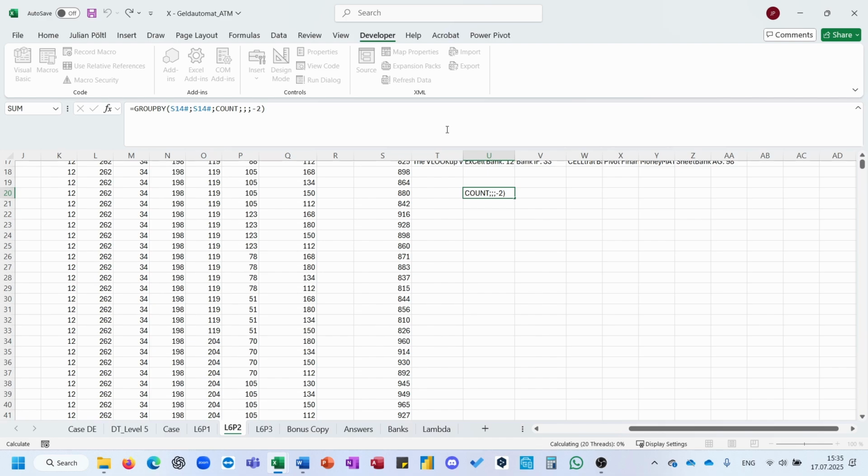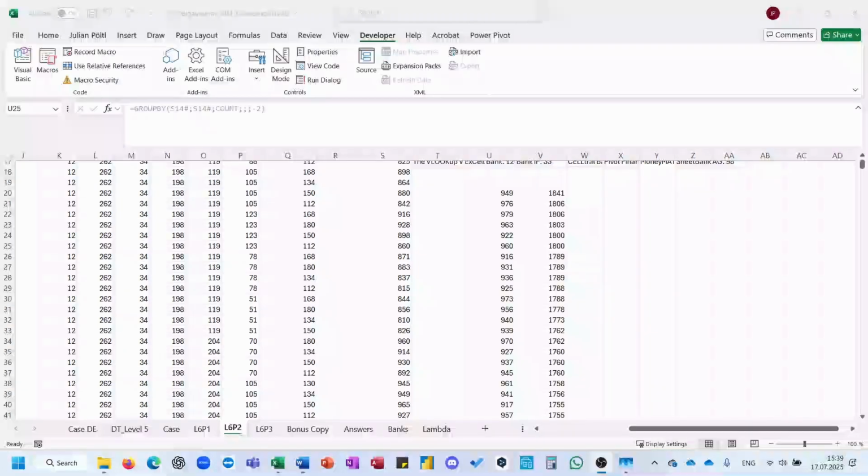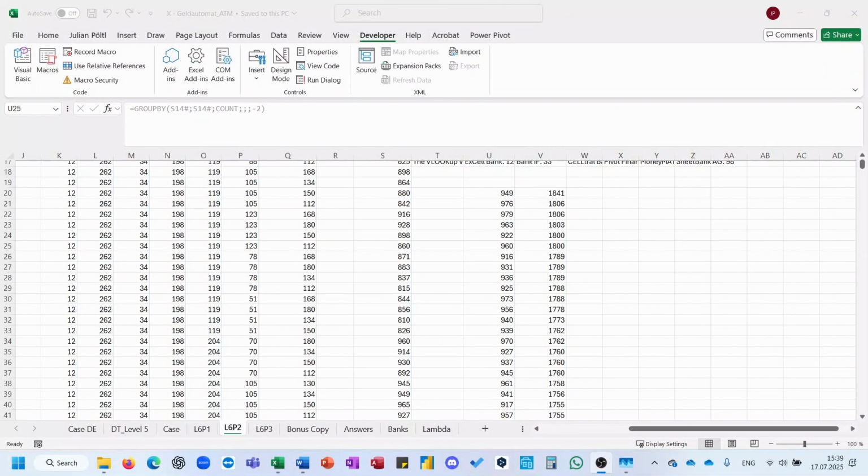Okay, I think I will skip over the waiting time somehow, although I don't have a pause button anymore. Okay, it has calculated. Great.